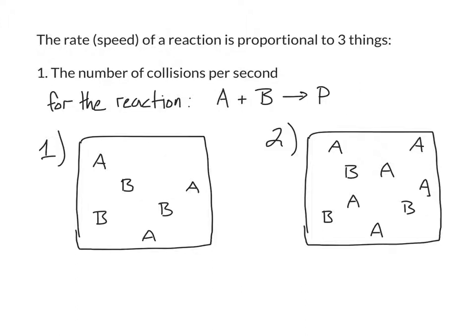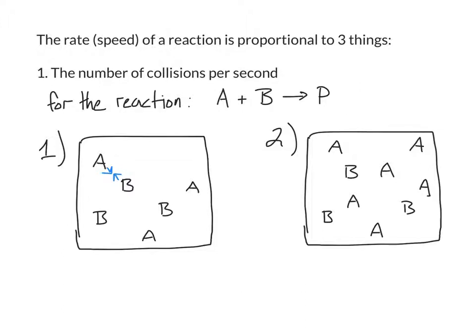In order for the chemical reaction to occur, the reactants A and B must collide with each other. We can see in scenario 1 that this B molecule could easily collide with that A molecule, resulting in a chemical reaction.